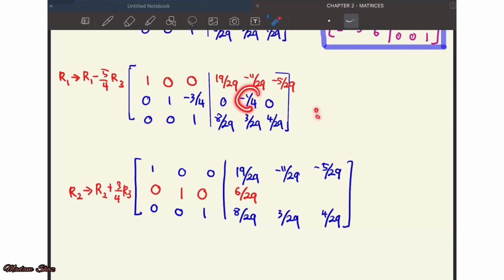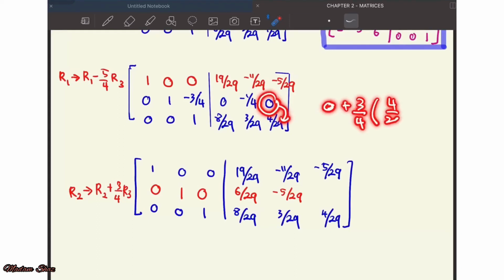Negative 1 over 4 plus 3 over 4 multiply 3 over 29 will become negative 5 over 29. 0 plus 3 over 4 multiply 4 over 29 will become 3 over 29.